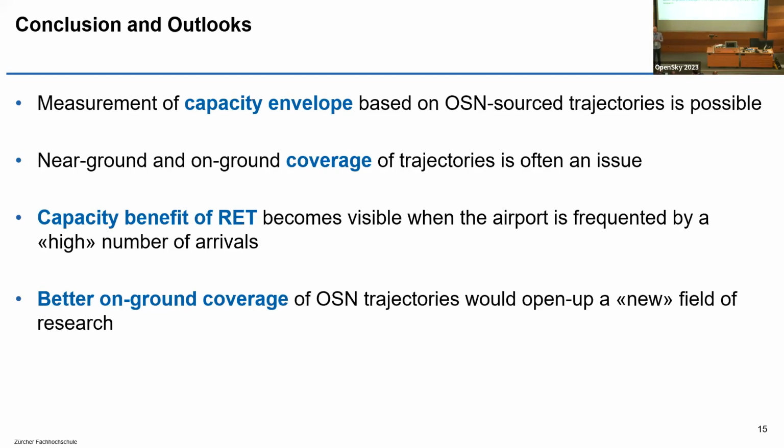If ground coverage was better, not only on single airports where we know there is good ground coverage, but in general, then I would say that whole new fields of research would open up, and I think an even broader audience would be able to benefit from OpenSky Network. But of course, I am aware of the fact that achieving this good ground coverage is an inherently hard task. So this brings me to the end, and I'm happy to answer questions.